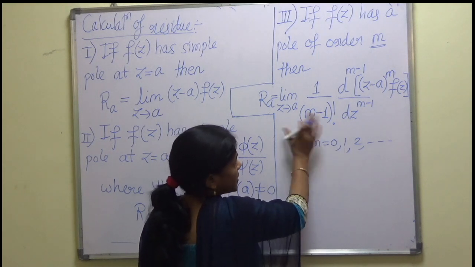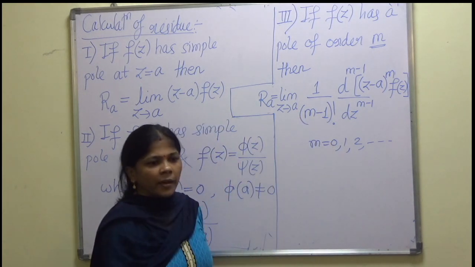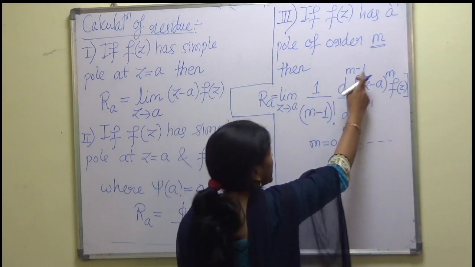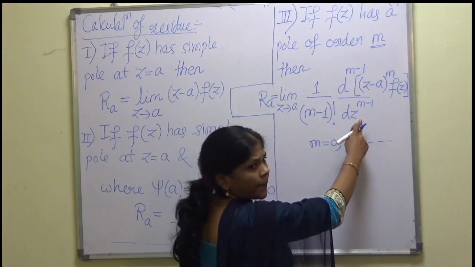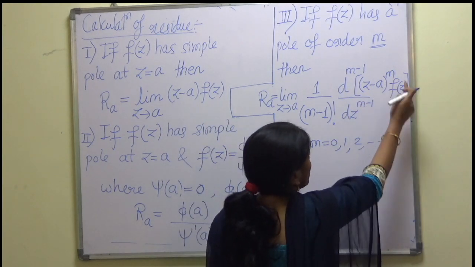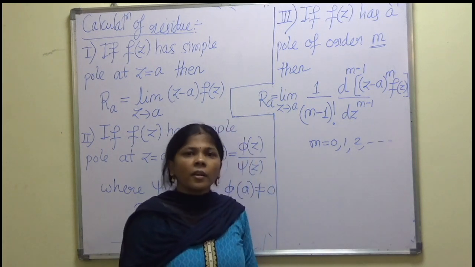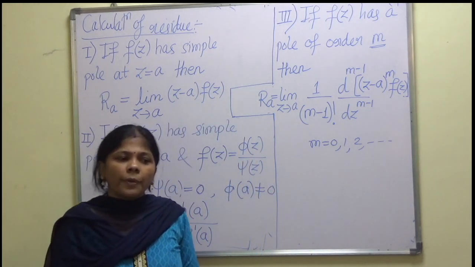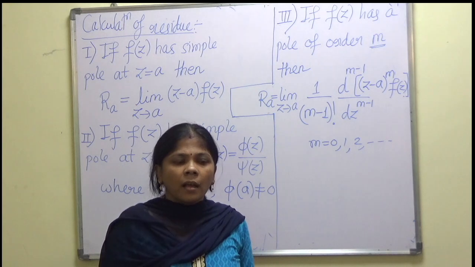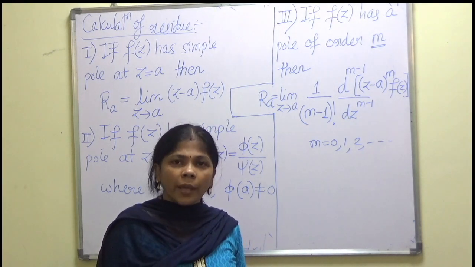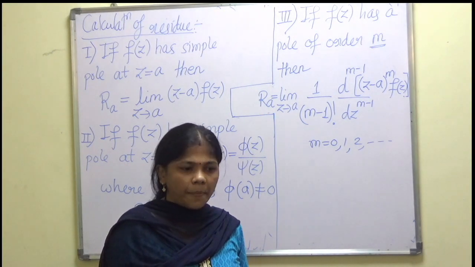You can write this inside the limit or outside the limit, it is immaterial. Then the (m minus 1)th derivative with respect to z of (z minus a) raised to m into f of z. This is what we have if f of z has a pole at z equal to a of order m.